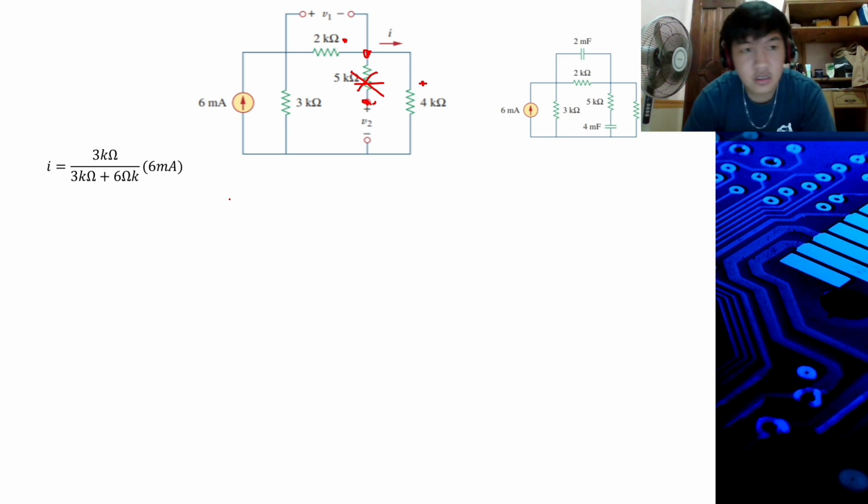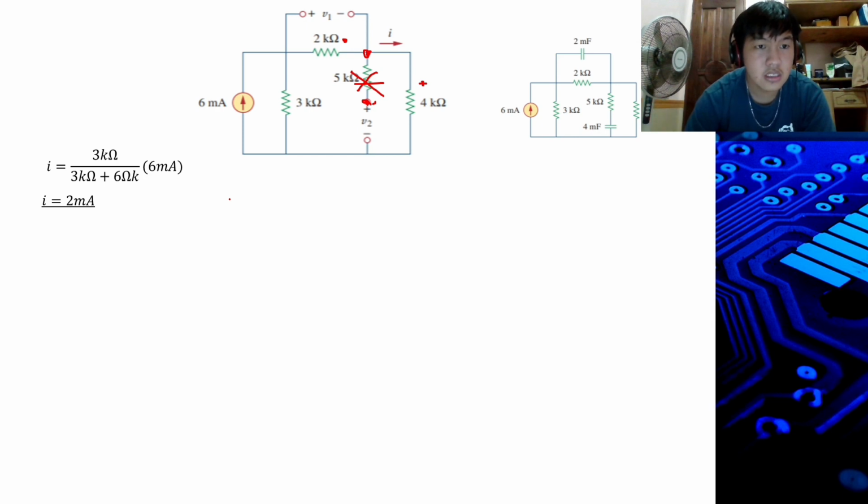So 3 over 3 plus 6 times 6 milliamps gives I equal to 2 milliamps.